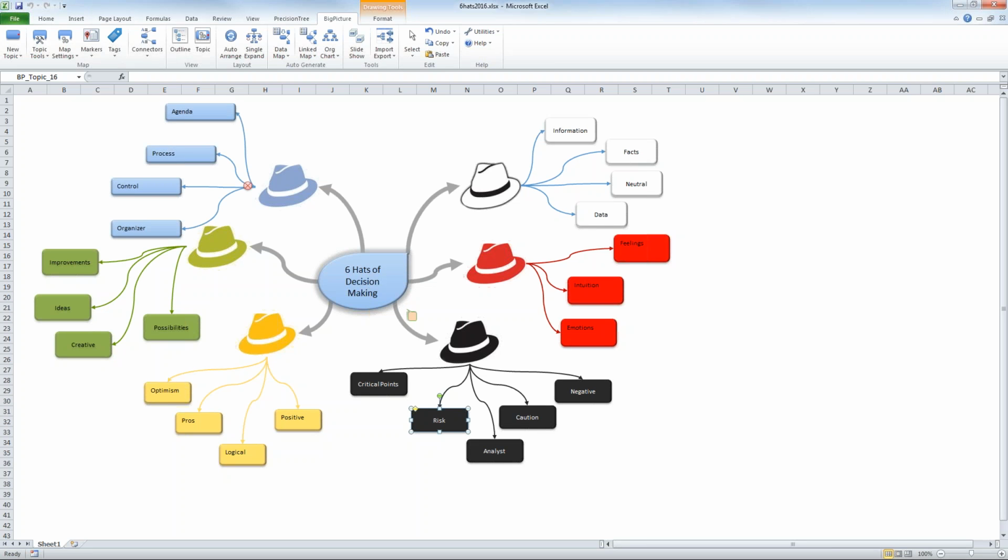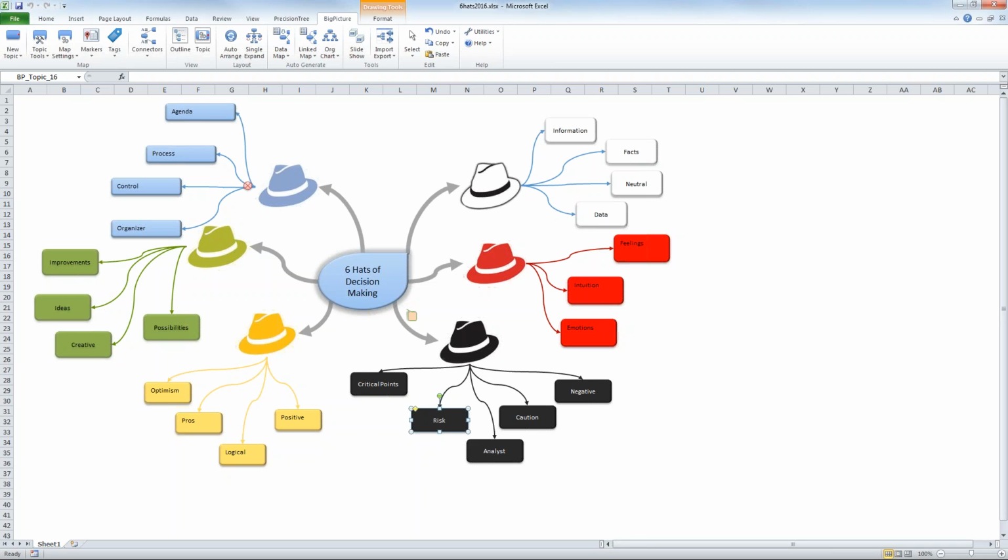So note, you can create these kinds of visual maps that make it easier to explain things to others. I could have shown you 5 or 6 slides: the white hat does this, with a bullet list, and the red hat does this, with a bullet list. But when I skip over that white slide and go to the red hat slide, you no longer see that white slide. So I just want to show you how BigPicture can be used to present.